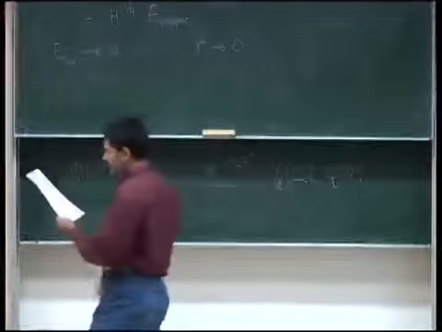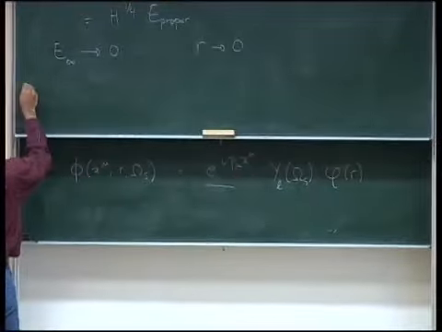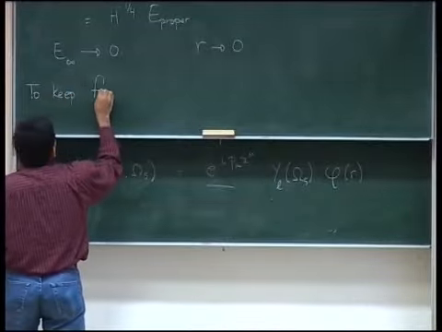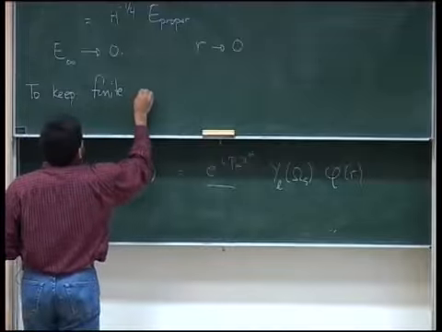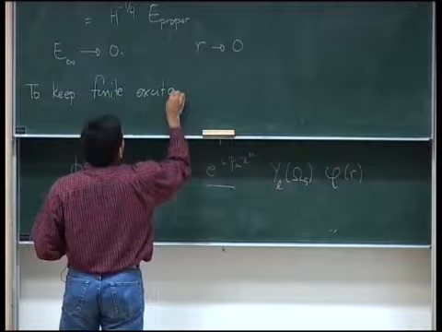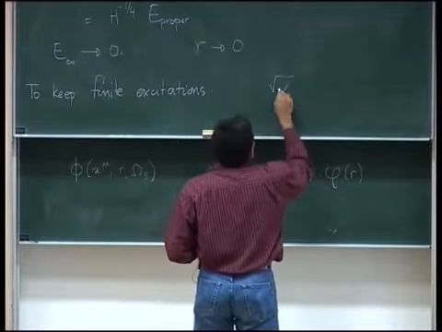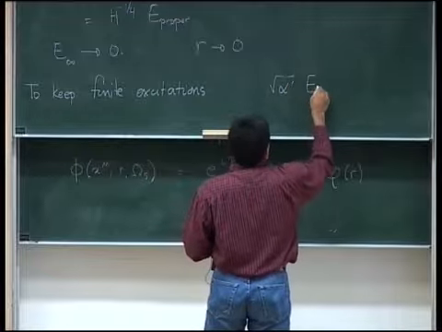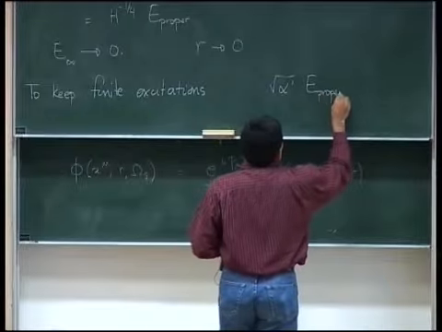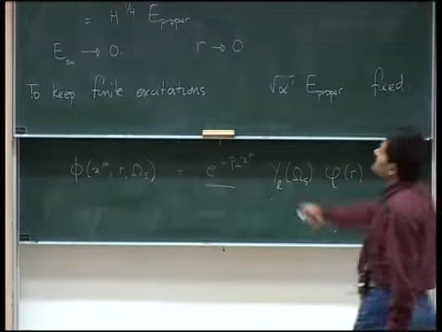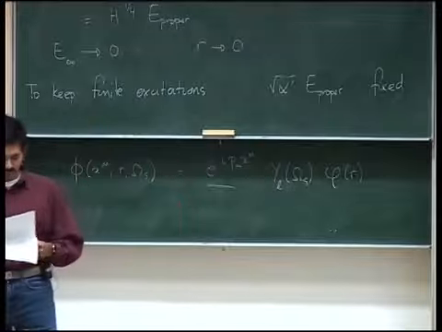So what I want to do is keep finite energies down the throat. I want to keep square root alpha prime times the proper energy fixed as I take alpha prime to 0.